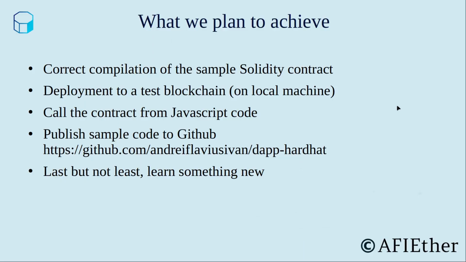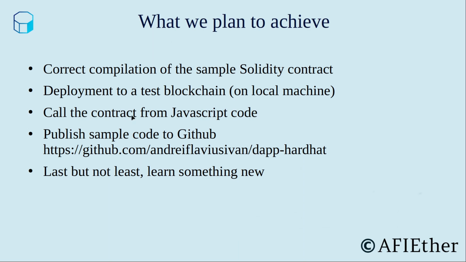Okay, now it's time to see about our objectives. So what have we achieved so far? We spoke about the correct compilation of the sample Solidity contract. I think we are on the right track with this one. Deploy to a test blockchain. Okay, this one we are going to deploy also on a local machine with an npx hardhat node command, and we will also see how to call this contract from the JavaScript code.